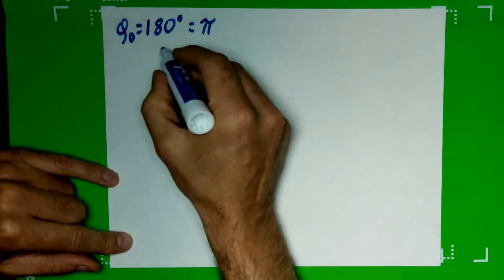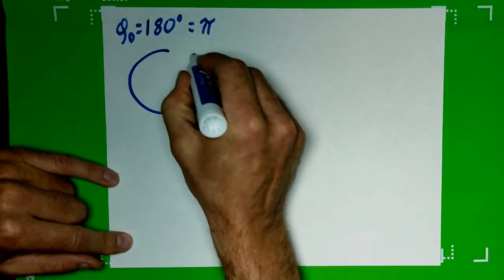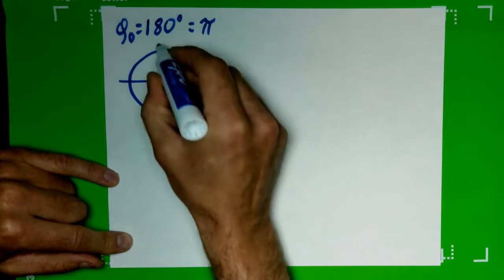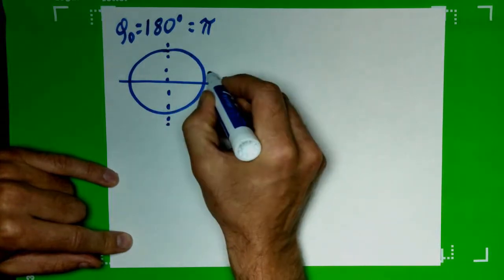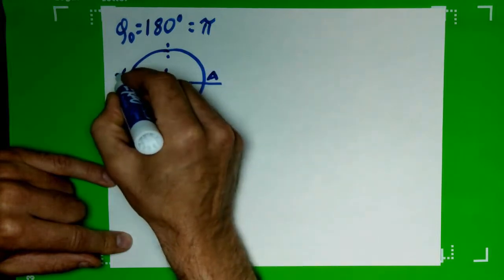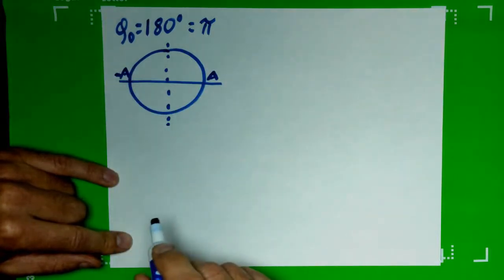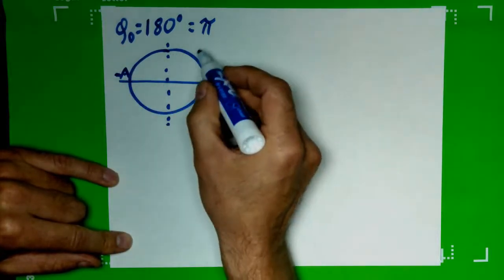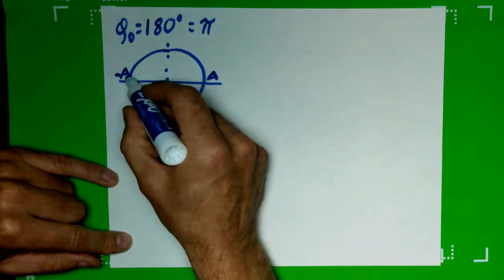Okay, so on our circle, here's our circle. Here's our maximum. You can say this is A, this is negative A, and I won't do those on future drawings. And we know, well, 180 degrees is right there.